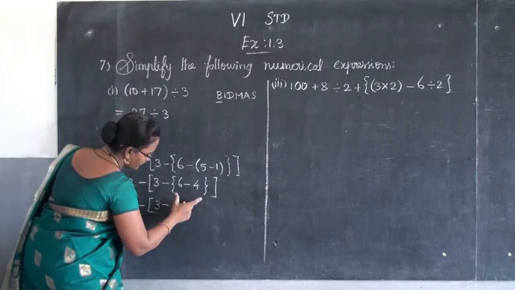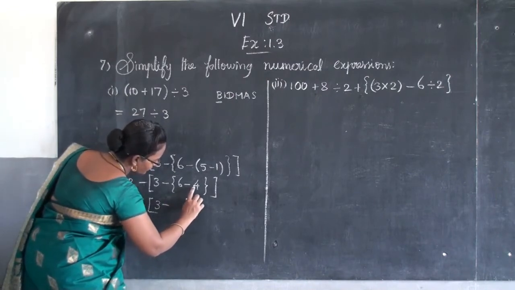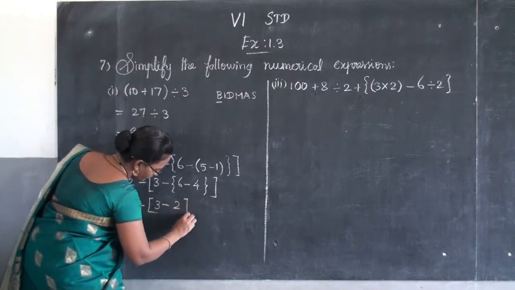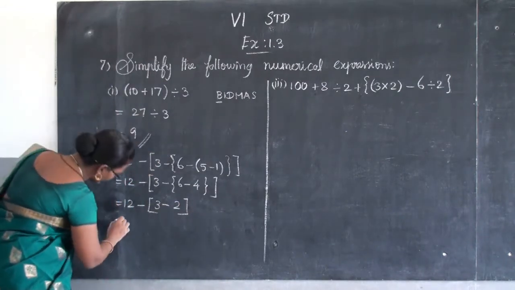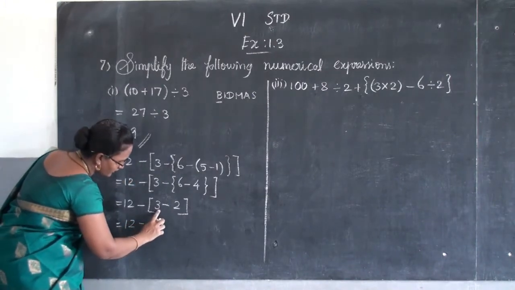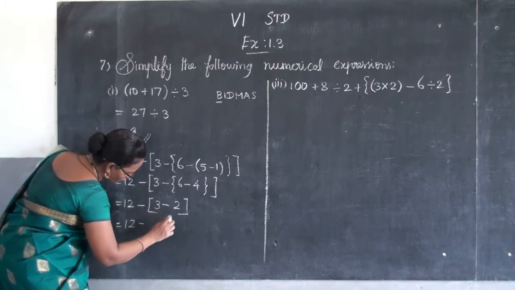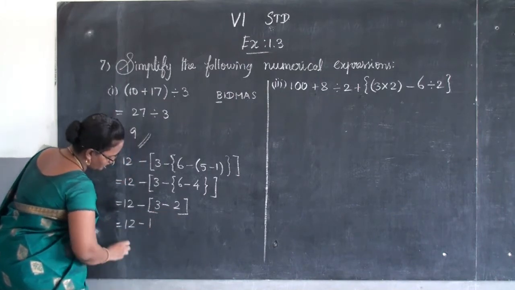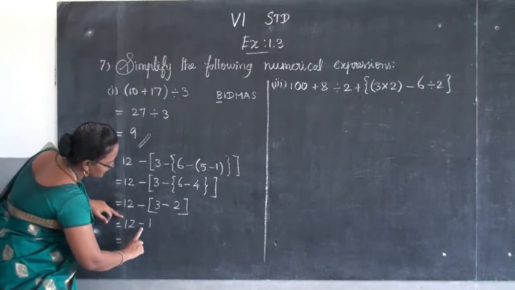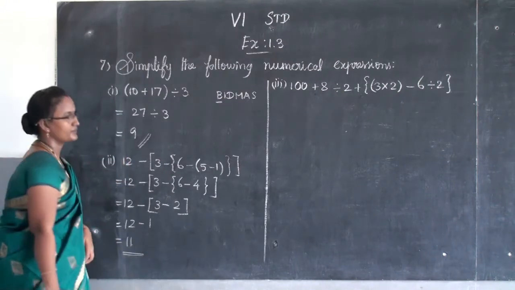Now solve the set bracket. Inside the bracket, 6 minus 4 is 2. So it is also solved. And then next step, 12 minus, here only one bracket is there, 3 minus 2 we get 1. So the brackets are solved and then 12 minus 1 we get 11. That is the answer.